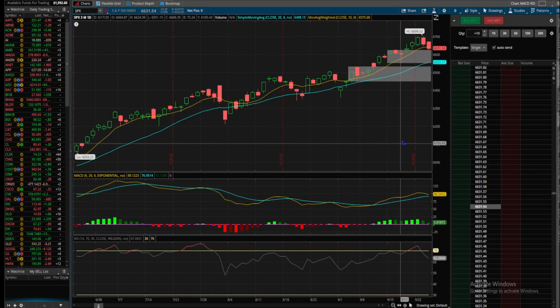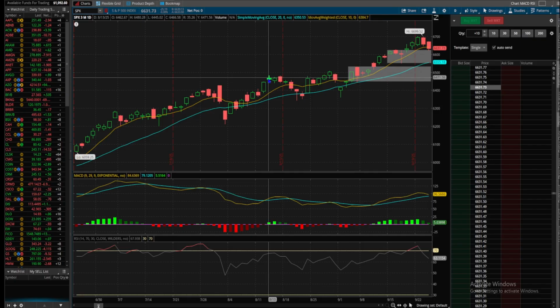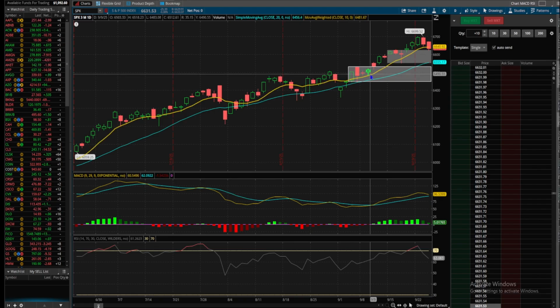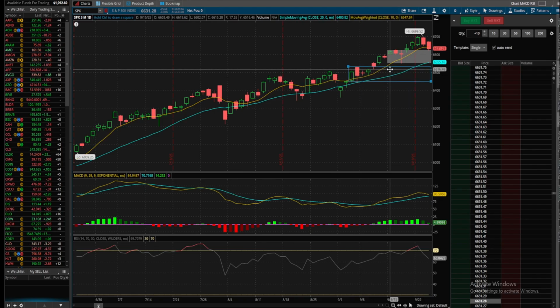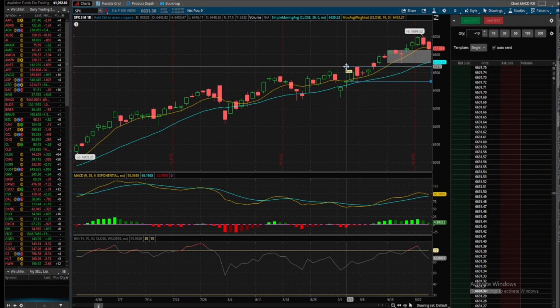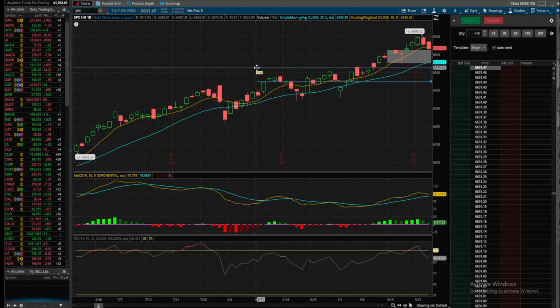Now, we're going to expand our chart back out. If we wanted to, we could bring this zone all the way out to August 12th. This is a major zone of support, so we'll go ahead and do that. In order to do that, we highlight it, left click into this box, grab the corner, and just drag it out. We want to stay at the top of that candle.